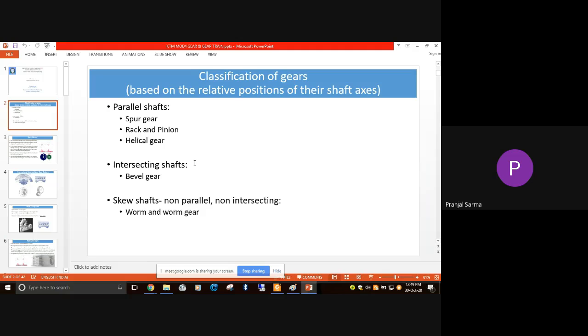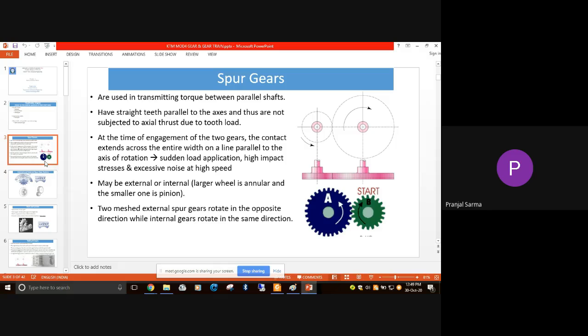In that case, we have bevel gears available. We can also have skew shafts, which are non-parallel and neither parallel nor intersecting. In that particular case, we have worm and worm gear. So those are the types of gears that we have seen.